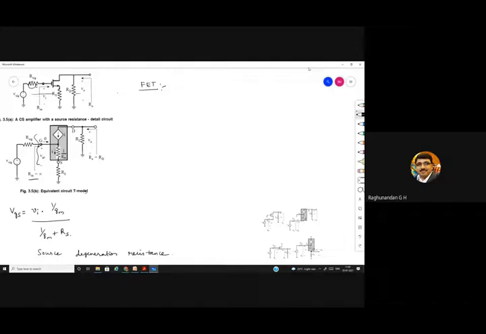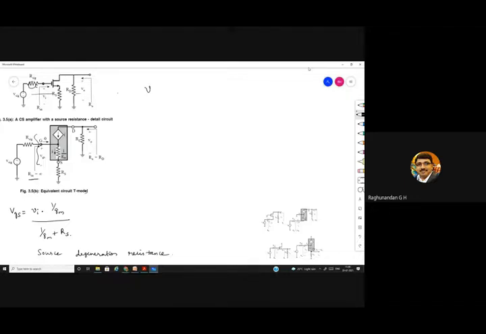So in this FET, even though the voltage you are applying is going to control the flow of current, we need to find out the total current which is being generated in this process.